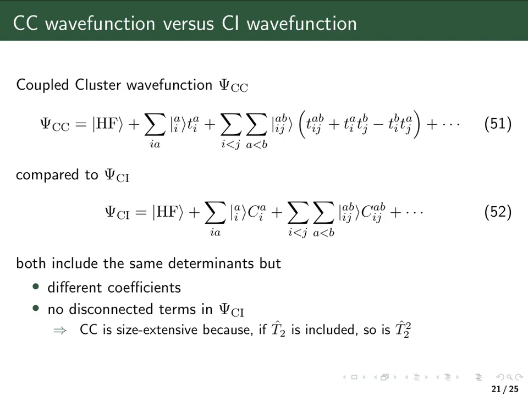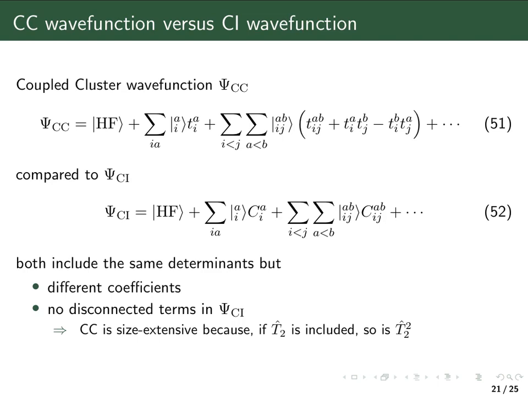But a coupled cluster wave function, because of these disconnected terms, is always going to be size extensive, which is quite an important property and a big advantage of coupled cluster wave functions. So the difference between configuration interaction and a coupled cluster wave function, if they include determinants of the same excitation level, is actually not in the determinants, but in the coefficients or amplitudes.